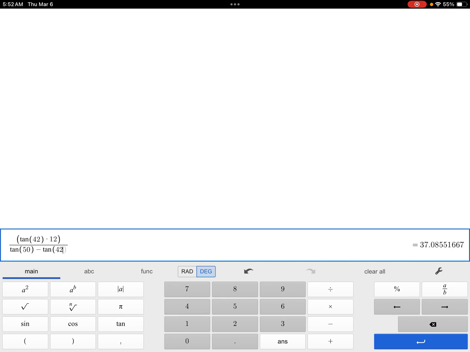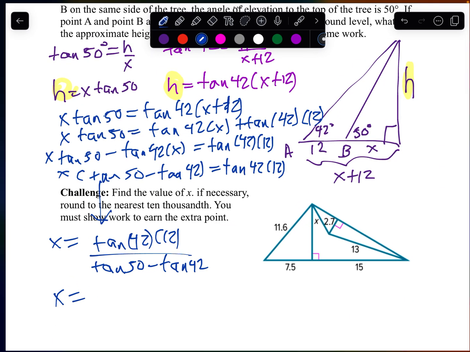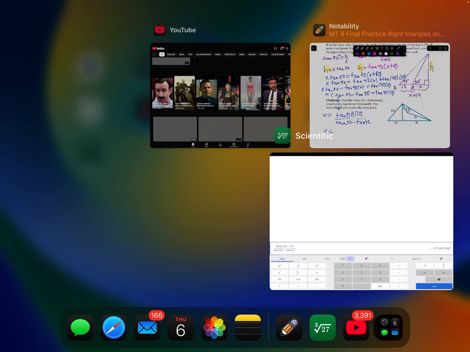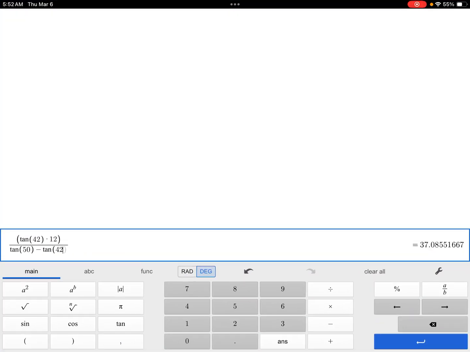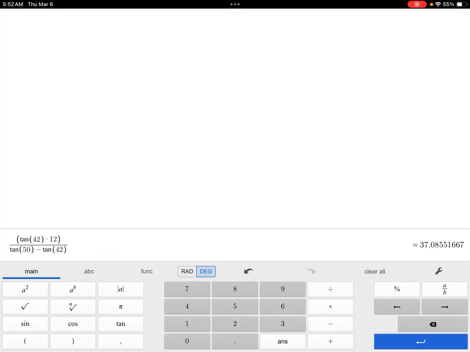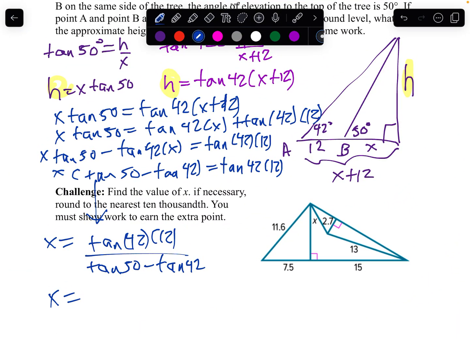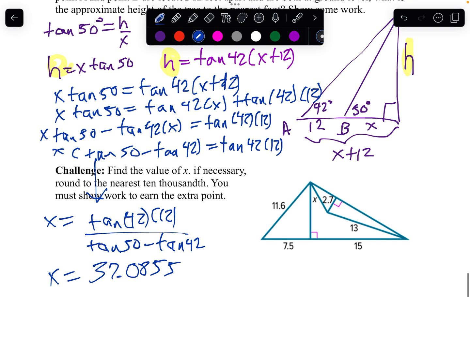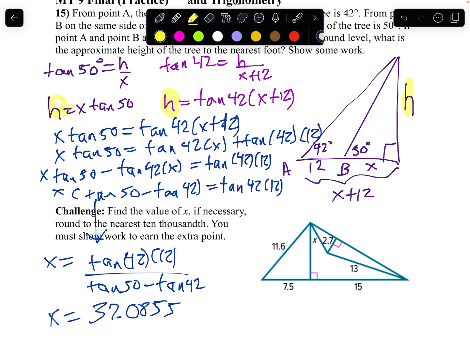I'm going to make sure I type that in right. That's right. And notice we get about 37.0855. So I'm going to say 37.0855. Now to find the height of the tree, we're going to go back up here.